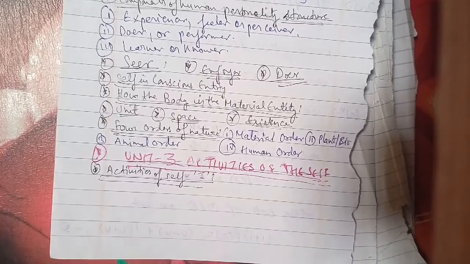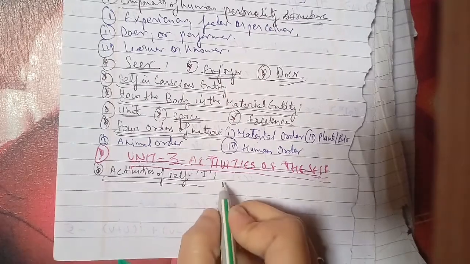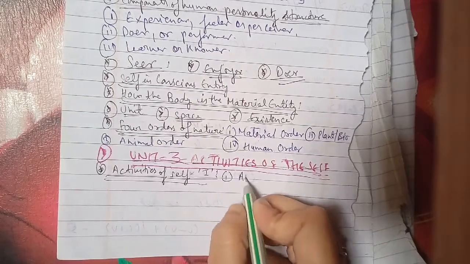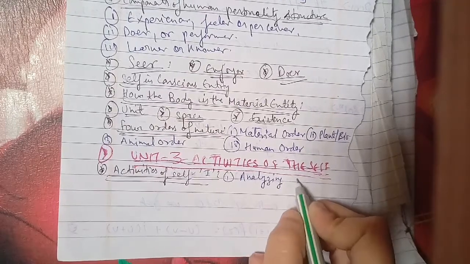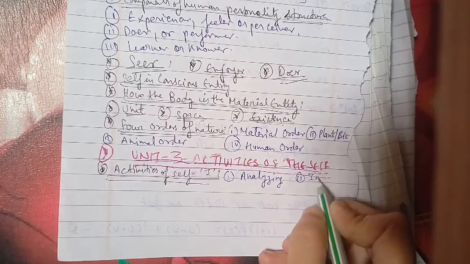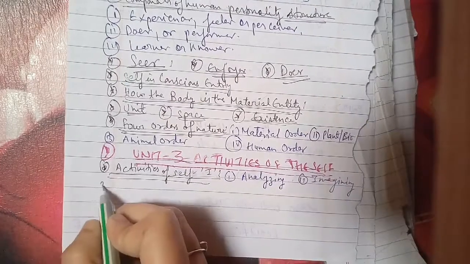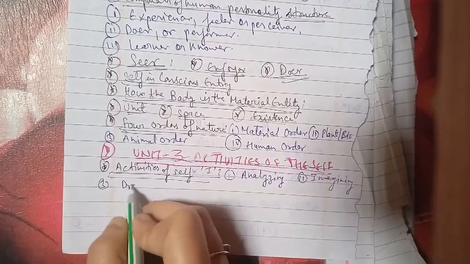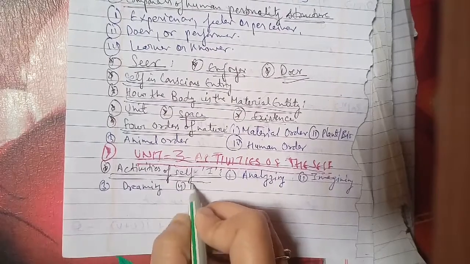Following are the activities of the self or I. The first is analyzing. Second is imagining. Third is dreaming. Fourth is desiring.